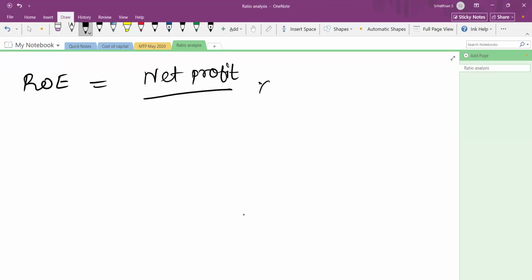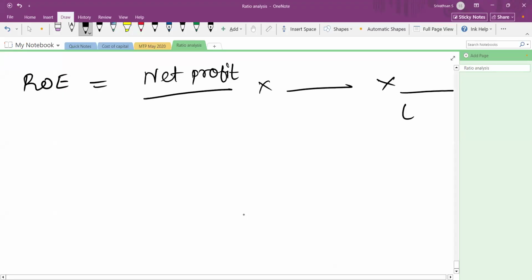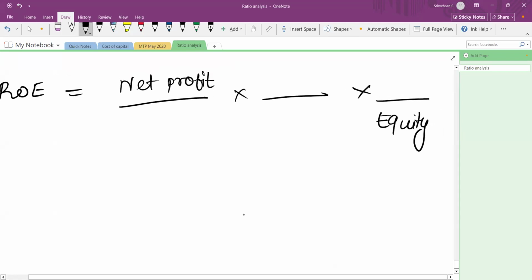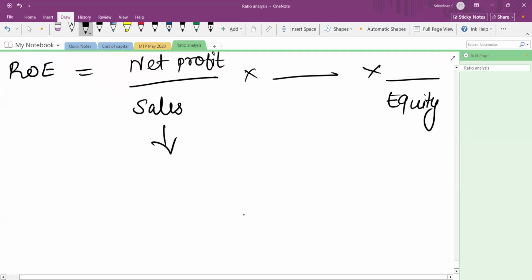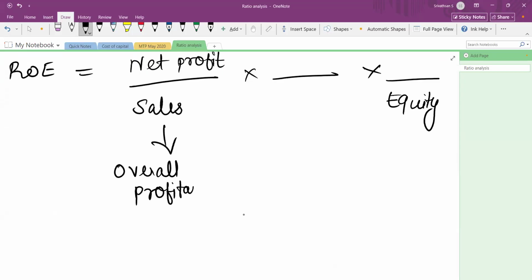Net profit into net profit divided by equity. But using the DuPont model, first they are taking net profit by sales. What is this? Net profit margin, which tells us the overall profitability of the company.